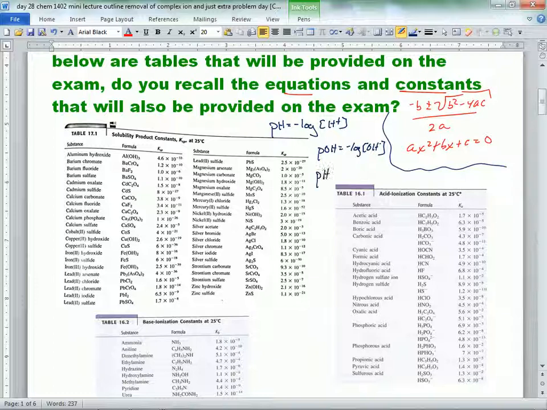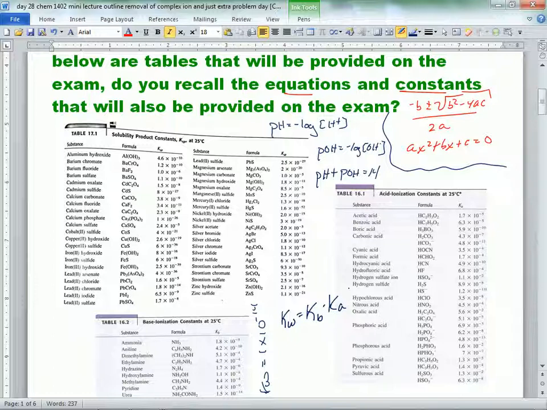Ooh, that's a good one. pH plus pOH is 14, right? I can think of two more. Yeah, Kw is what? I guess there's three more, because that's a good one. Kw is equal to what times what? There it is, Kb times Ka.